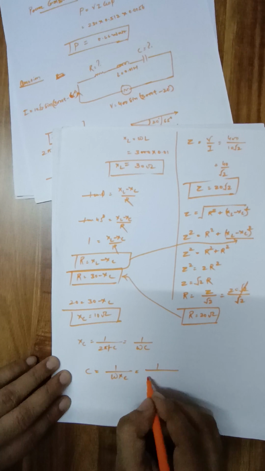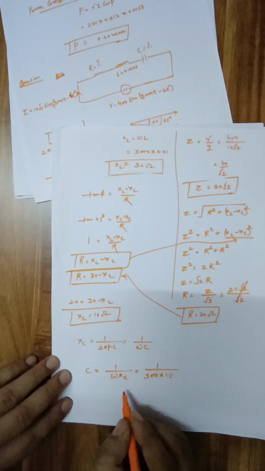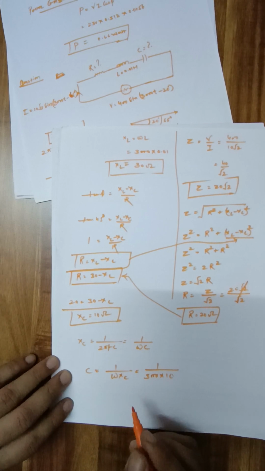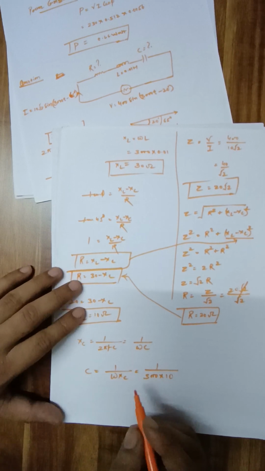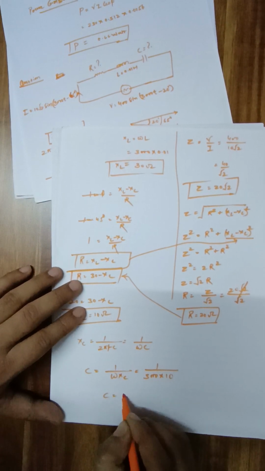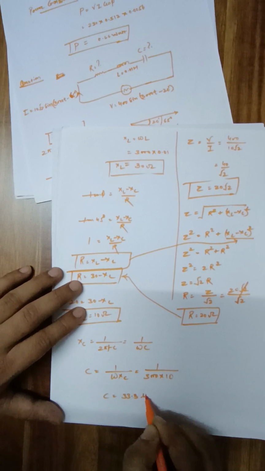Omega is 3000, XC is 10. So the value of capacitance will become C equal to 33.3 microfarad.